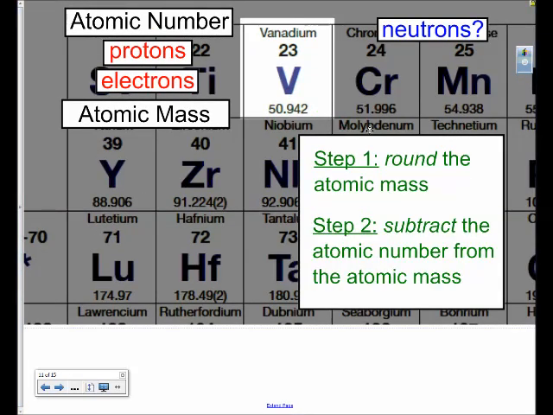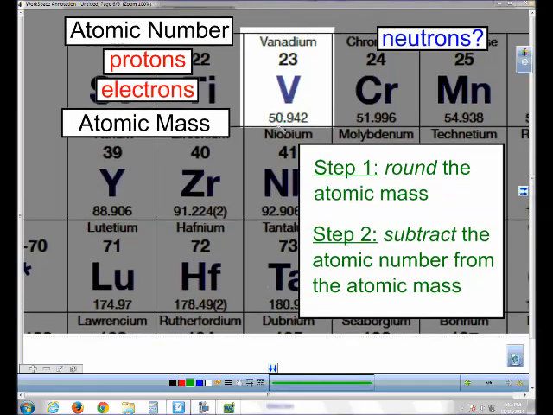The second step is to subtract the atomic number from the atomic mass. So we said this, if we rounded it, was 51. I'll write it down here. That's our rounded off mass from step 1. We're going to subtract the atomic number, which is 23.